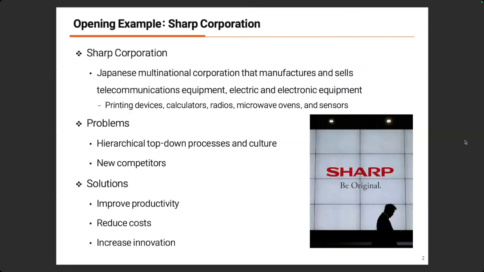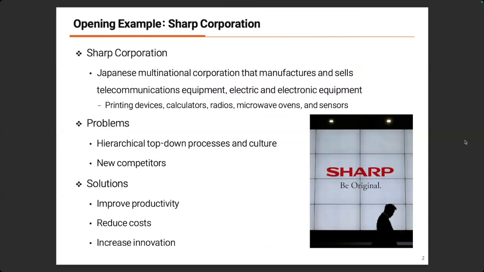Today's opening example is about a company named Sharp Corporation. Sharp Corporation is a Japanese multinational corporation that manufactures and sells many kinds of telecommunications equipment and electronic equipment. It has a diverse product lineup, including printing devices, calculators, radios, microwave ovens, and sensors.